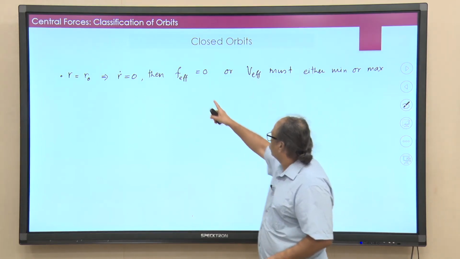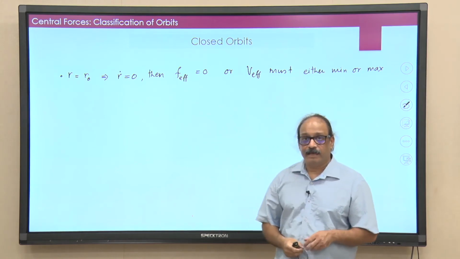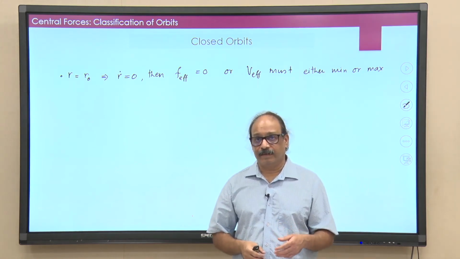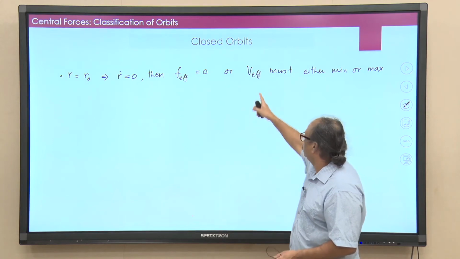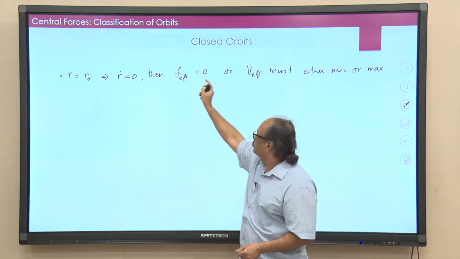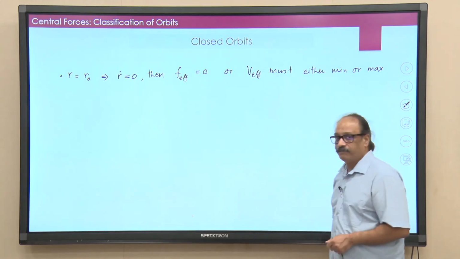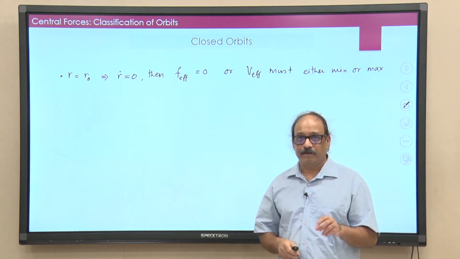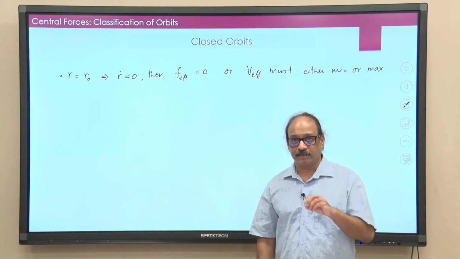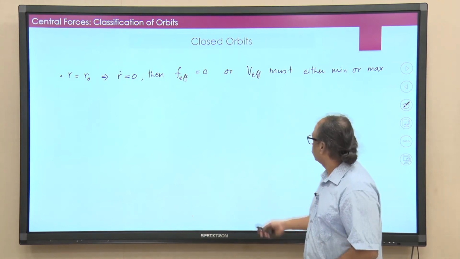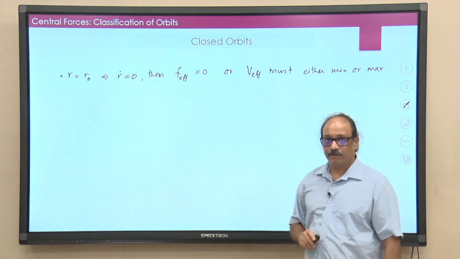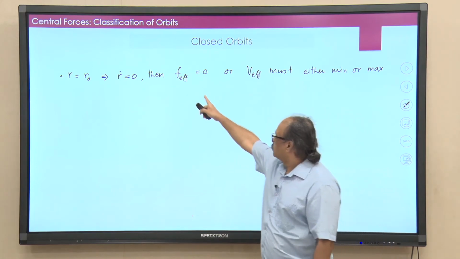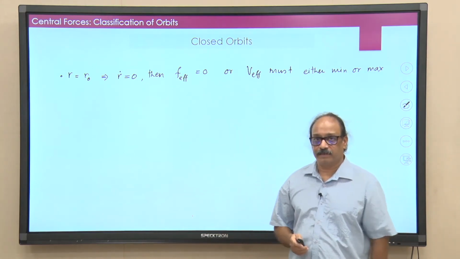That is, F effective is 0, and F effective, remember, is nothing but a derivative of V effective. So, if F effective is 0, what does that mean? V effective must have either a minimum or a maximum. At the location of a minimum, the derivative of V will be 0, and that means the effective force will be 0.